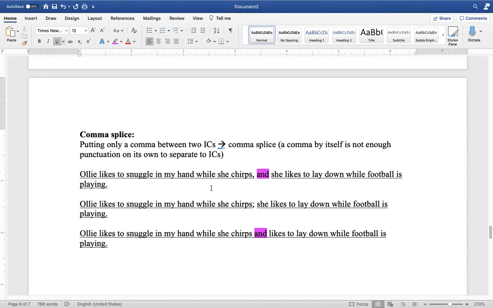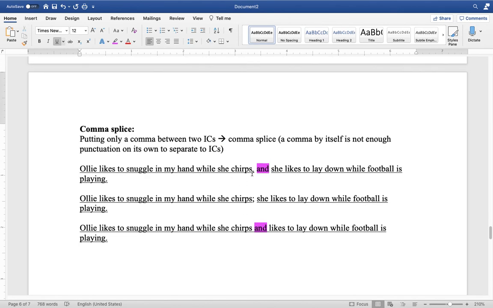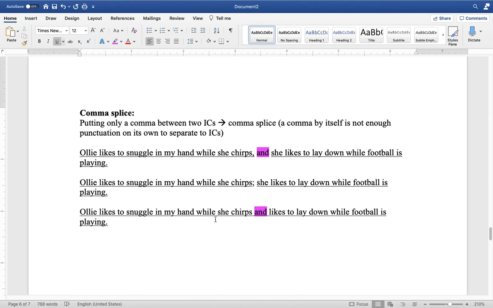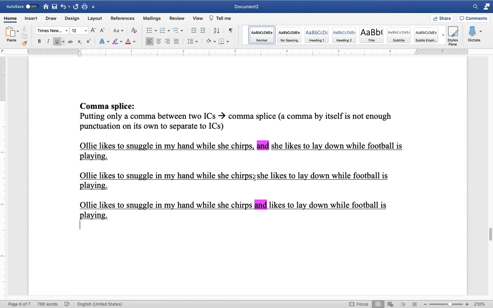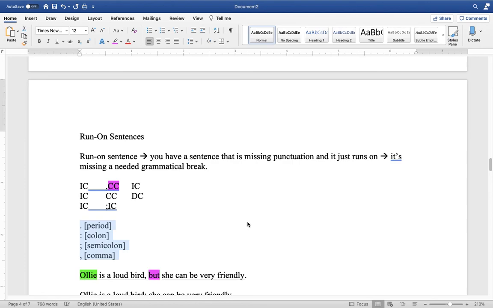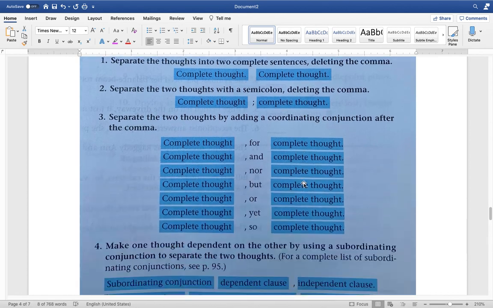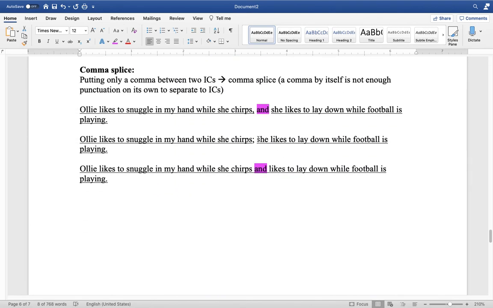So all of that to say, don't use commas by themselves to separate two complete thoughts, because that's not enough of a stoppage when we think about grammatically what that hierarchy of grammar is doing in terms of stoppage, because we're leaving out the coordinating conjunction.